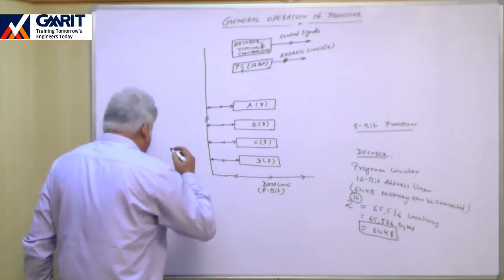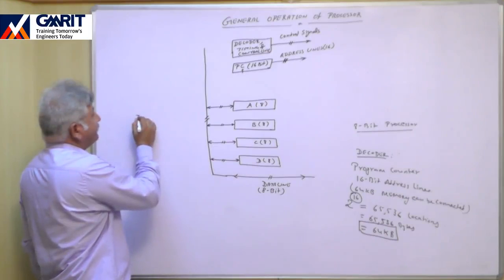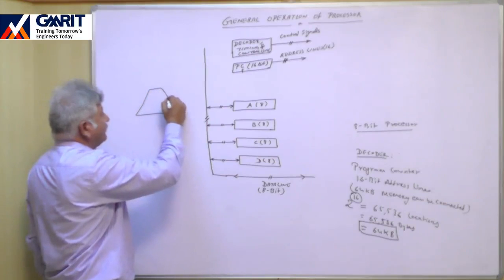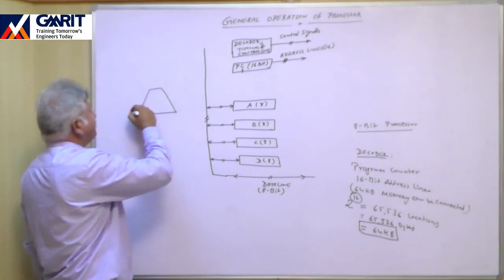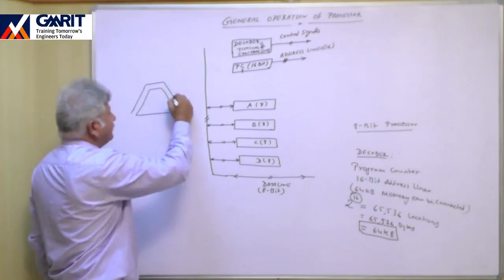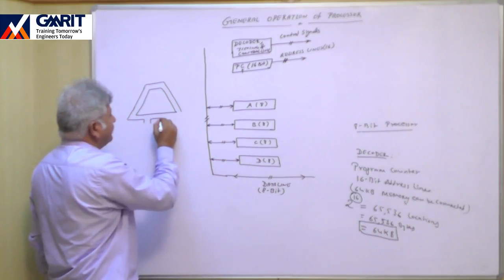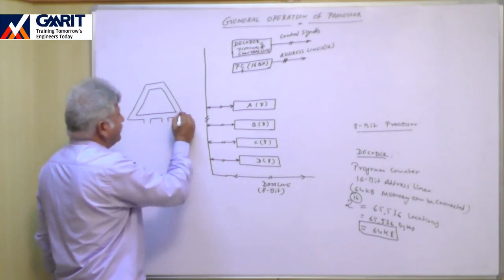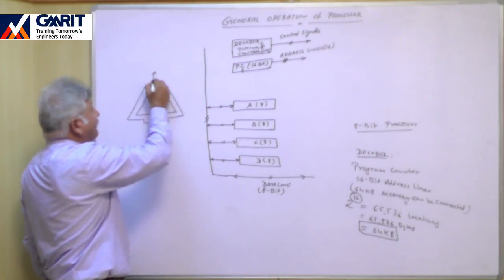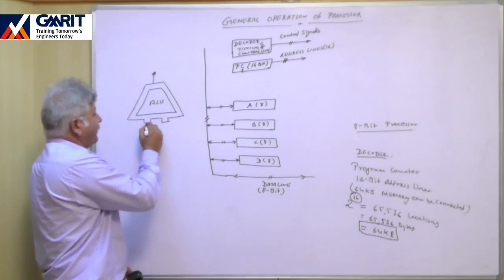Now there is an arithmetic and logical unit. Suppose this is one arithmetic and logical unit. This is our ALU.